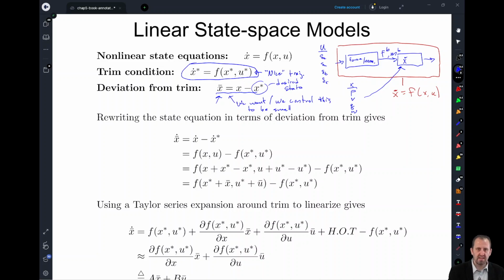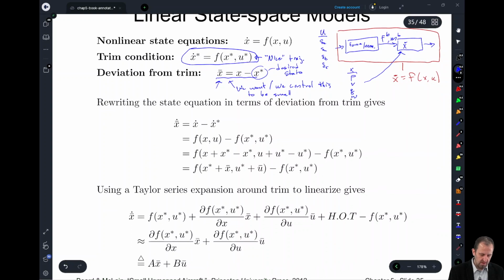And we can take the time derivative. When we look at the time derivative, it's going to be the time derivative of x, which comes directly from there, minus the time derivative of our desired state. So that's f of x, u.